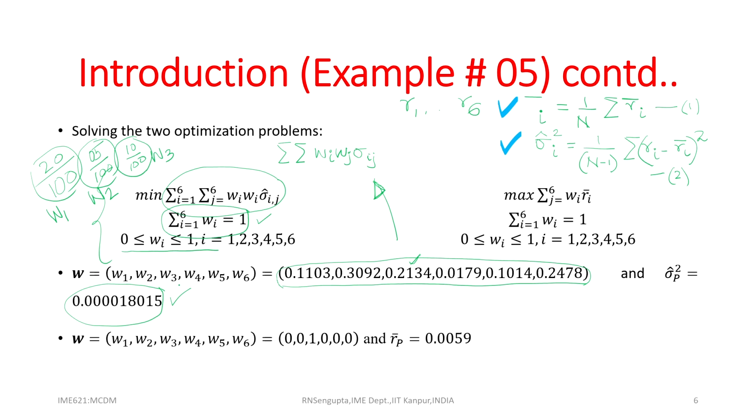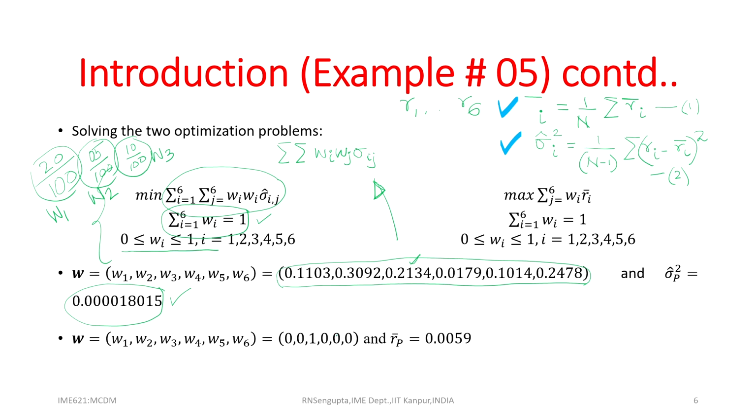So, this is the minimum variance which I can have for investing in the 6 different scripts, which were mentioned in the other slides we have taken from NSE, and based on that we can find out the overall risk.